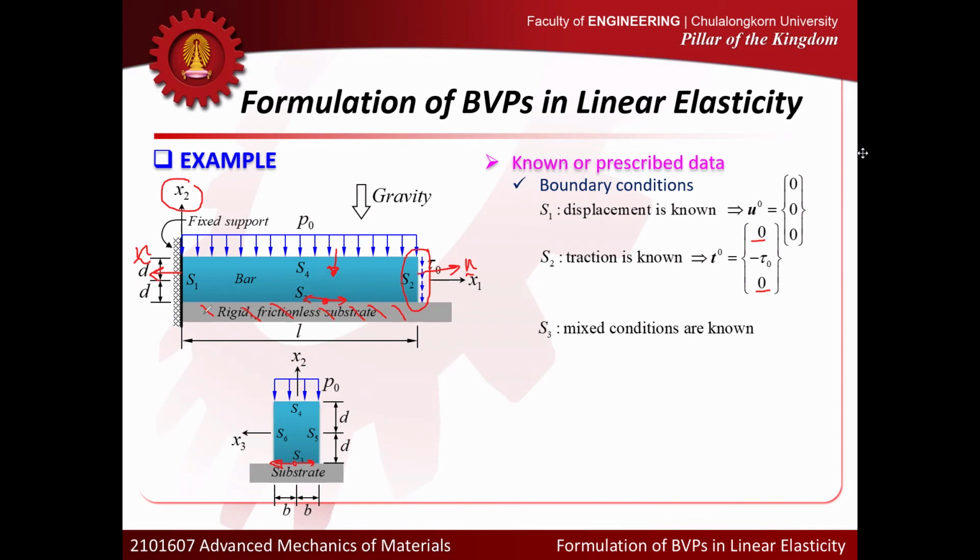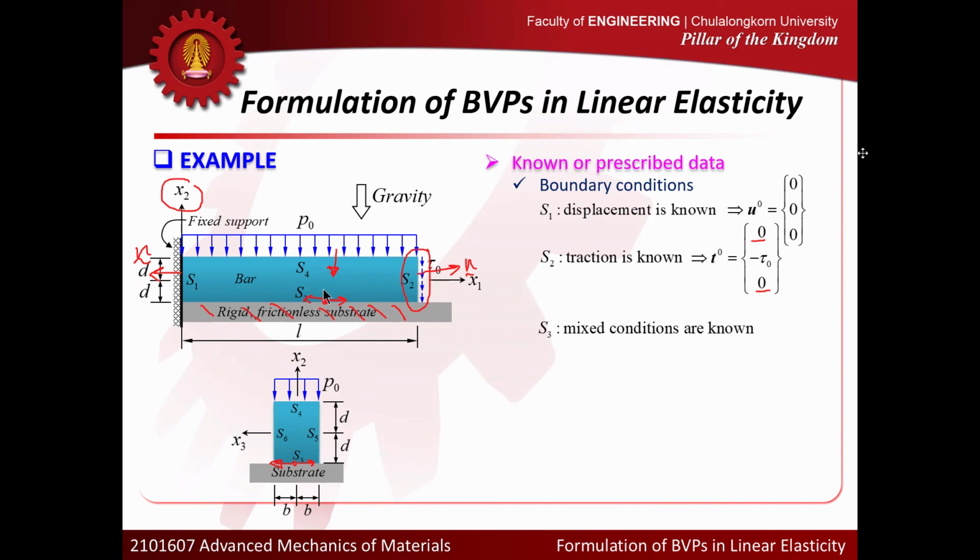But in this case, because we say that the substrate here is rigid, the movement is zero in the vertical direction, or in the direction normal to the surface here. So on the surface S3, we know the mixed conditions because we know the traction equal to 0 in the x1 and x3 directions.